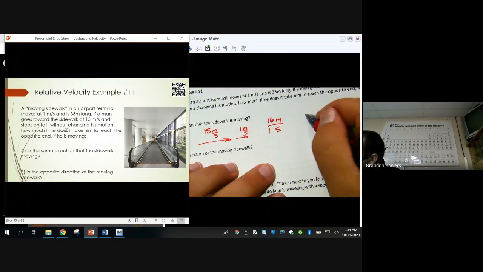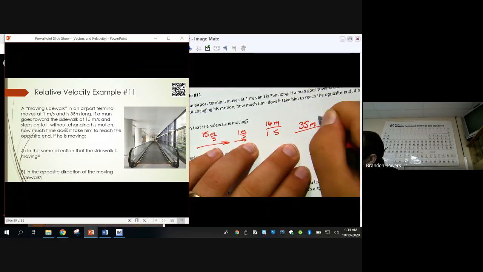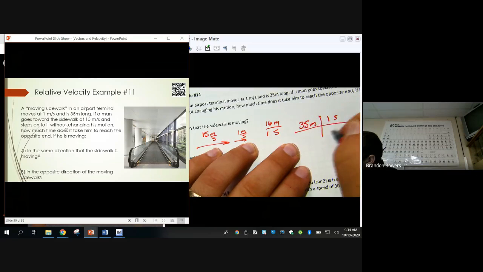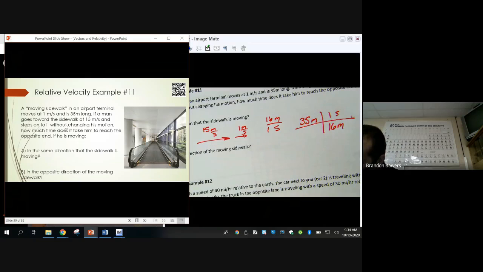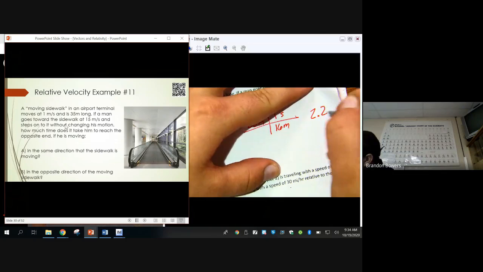For every second, you travel 16 meters. I got 35 divided by 16, 2.2. It takes him 2.2 seconds. That's pretty good time.